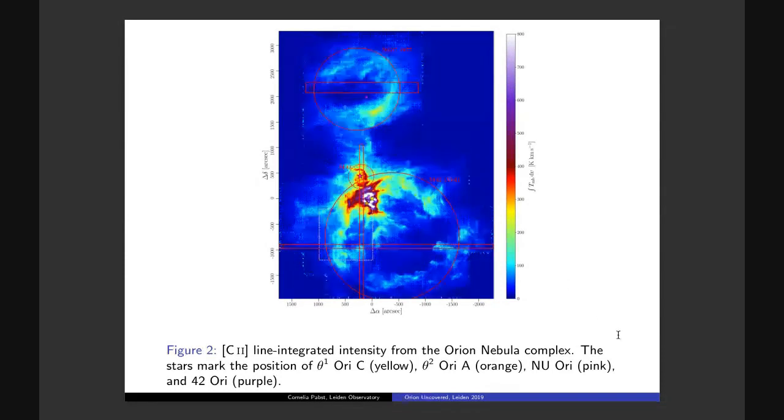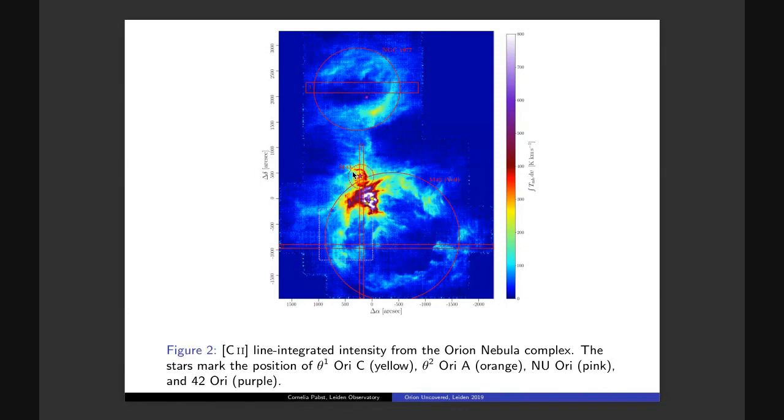This again is a C+ image, the line integrated intensity, and I marked some structures that we investigate in detail. You can see a circular structure here, which we call the Orion veil; I will show you in a minute why. Here in the north is a circular structure connected to NGC 1977.